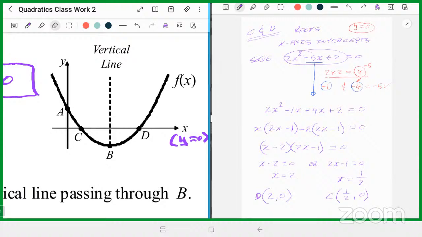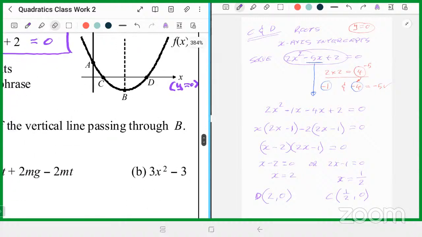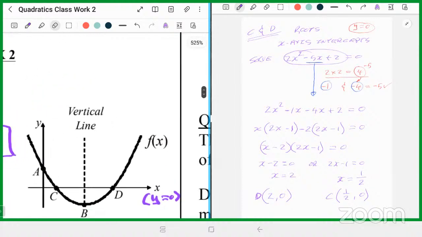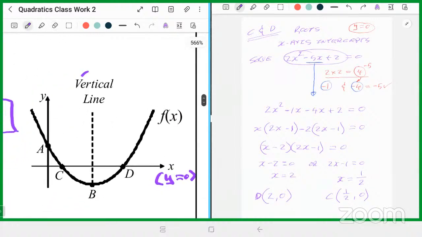So that's all the points so far. And the next part of the question now was about this vertical line here. And we see it's a vertical line passing through the vertex, the turning point. And so it is a line of symmetry or axis of symmetry.